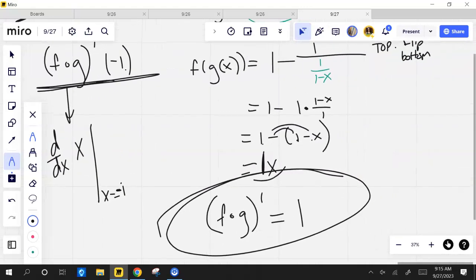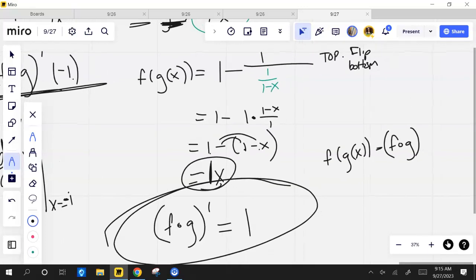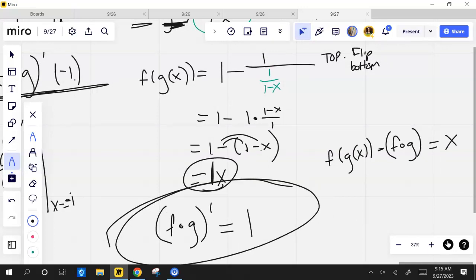Okay, so this is f of g of x, which is the same thing as this, right? It equals x. It said evaluate when x equals -1. Find the derivative when x is -1.